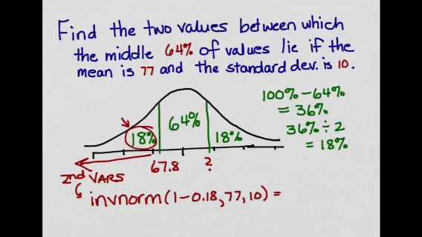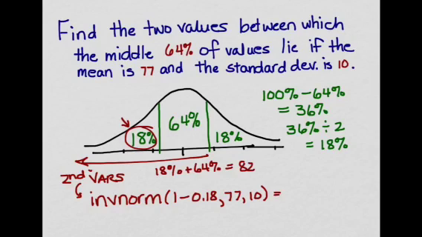Or, another way of going about this, I want to know what percentage falls to the left here. I could take 18% plus 64% and get 82%. And that's the same thing as if I do 1 minus 0.18. So either way, it's 0.82.